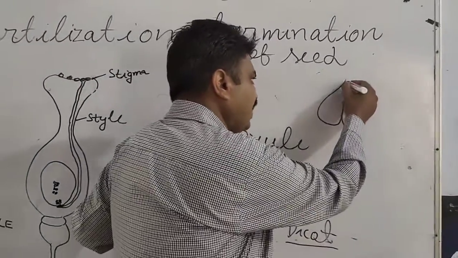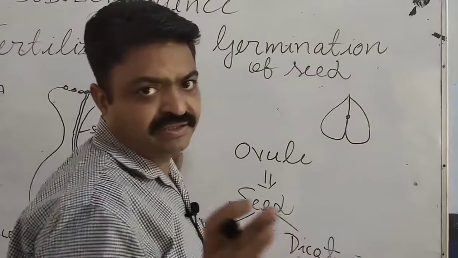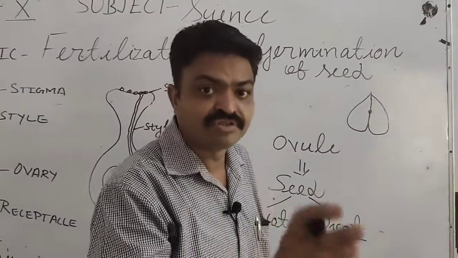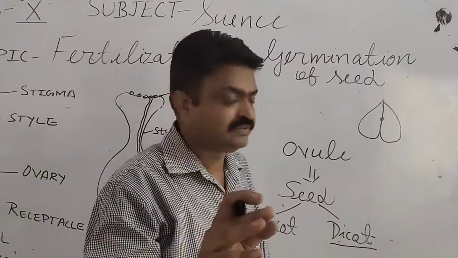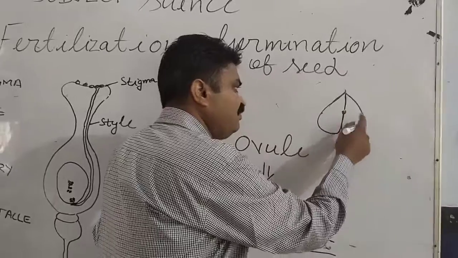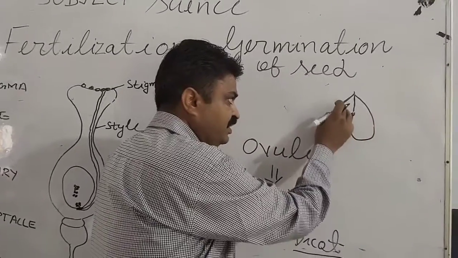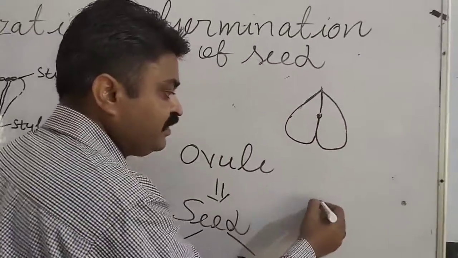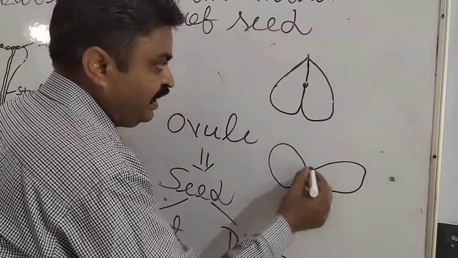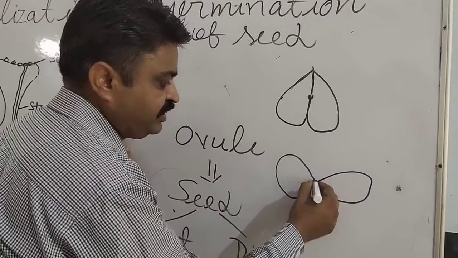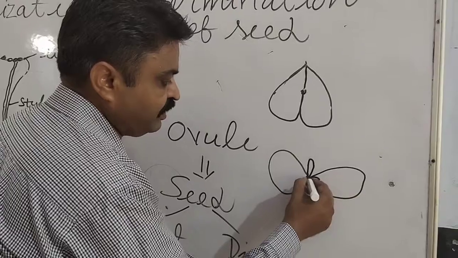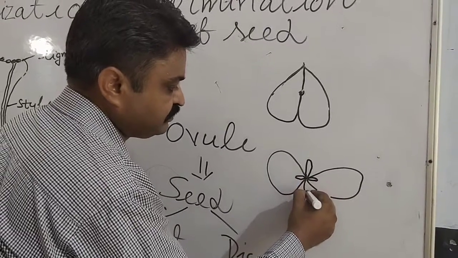Now, when all the suitable conditions like warmth, air, water, soil and moisture are available to the seeds, then it is divided into two cotyledons like this, and the embryo found in this develops into two parts.